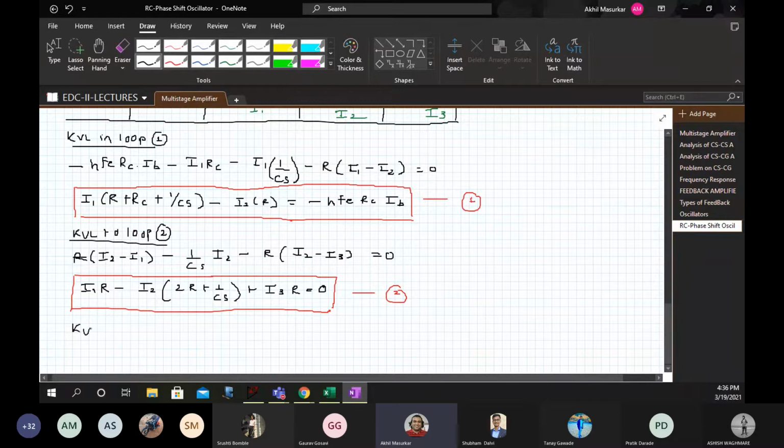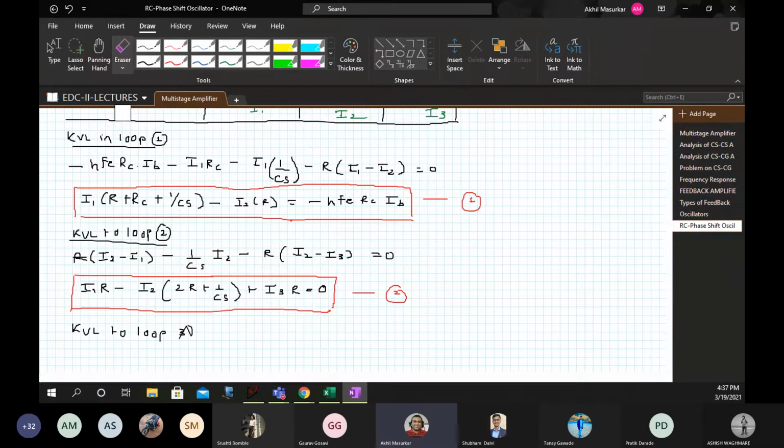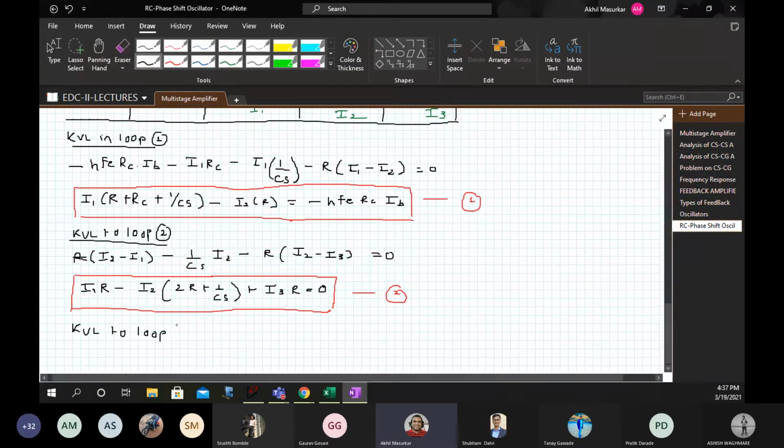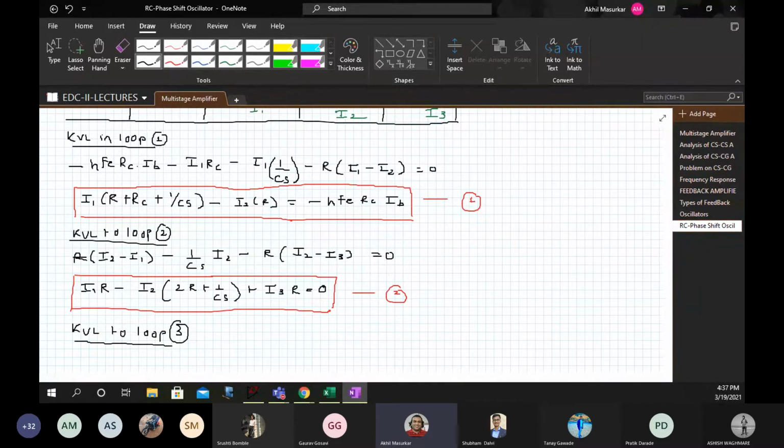Then we have KVL to loop 3. So now when we apply KVL to loop 3, what will we get?